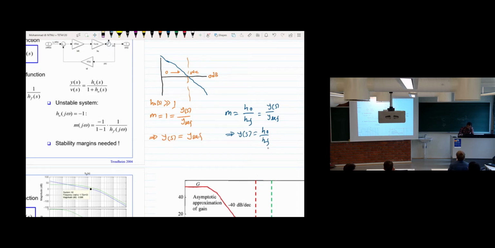Maybe you can consider HF, this is the low pass filter, you can consider it as 1, and you have only H naught and Y ref. So what you see here, you have the output, which is the open loop transfer function multiplied with the reference. Since this part is very, very small, less than 1, the output is much smaller than the reference. This means it's not tracking.